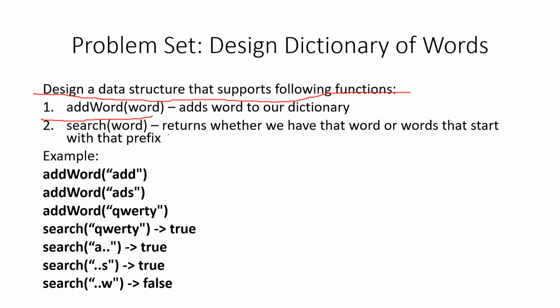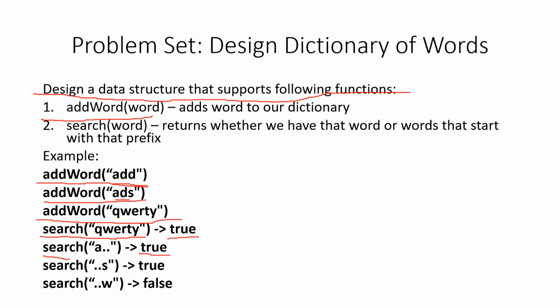In this example, you add the words add, then you add ads, then you add QWERTY, then when you search QWERTY, it returns true. Then, for example, when you write search a.., it means that after a it can be any letters. Because we have ads, it returns true.